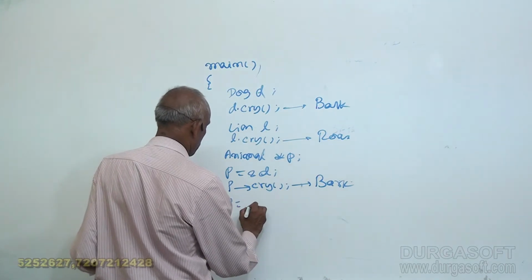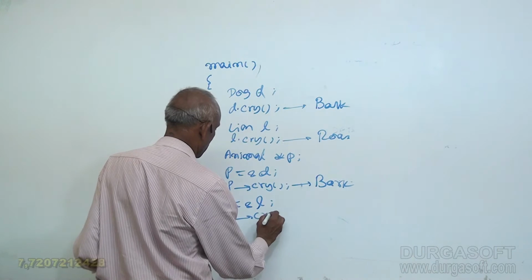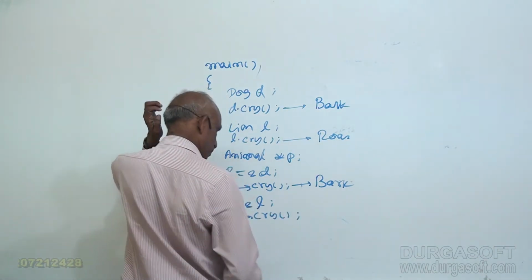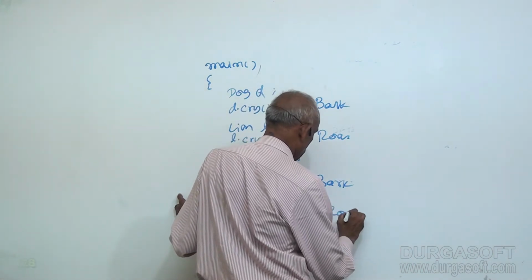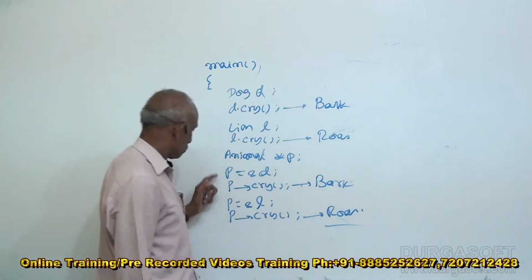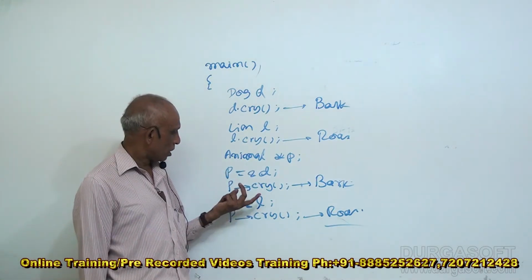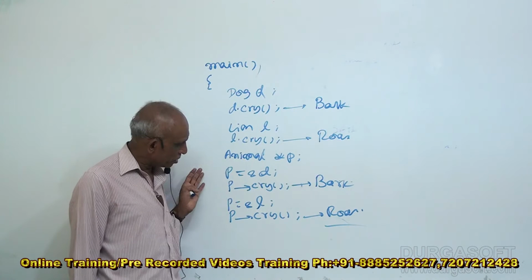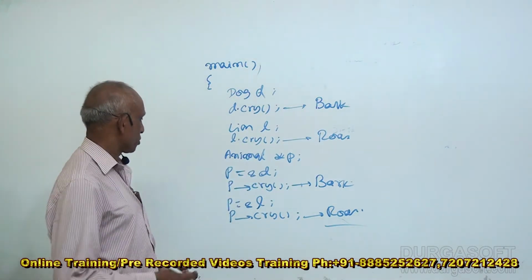Now the same pointer I am giving the Lion object, and again calling cry. This is Lion's cry, so it will display roar. So this is a base class pointer pointing to derived class objects, and whichever derived class object it points to, it calls that particular function.